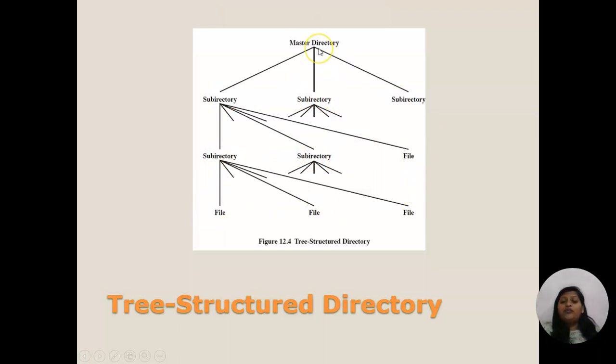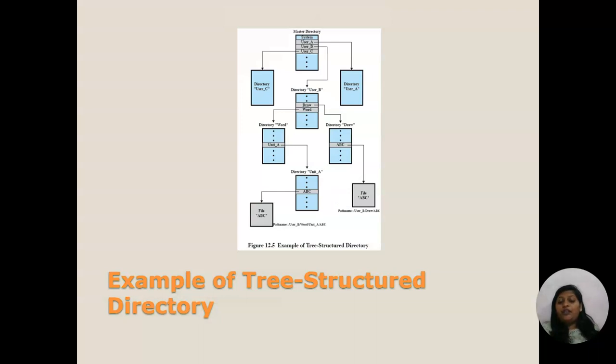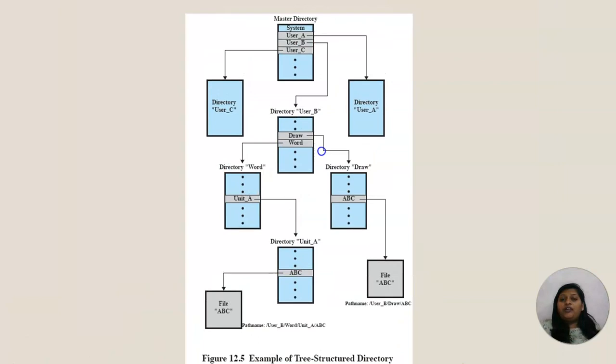At the root of this directory there is a master directory, and at the leaf nodes of this tree structure directory there are the files. The structure is like a tree, so the name is given as a tree structure directory. Then an example of a tree structure directory, a real one.